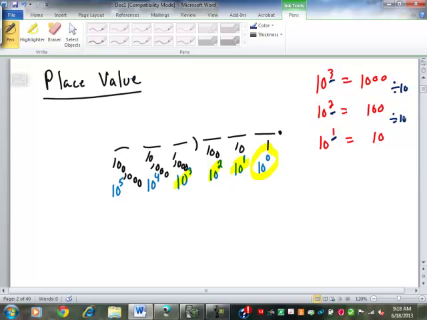So if we were to keep going, 10 to the power of 0, well, if we divide by 10 again, 10 divided by 10 is 1. It has to be 1. When we talk about decimals, we'll keep going with this, and we'll actually define negative powers of 10. The point being is these place values are all powers of 10.